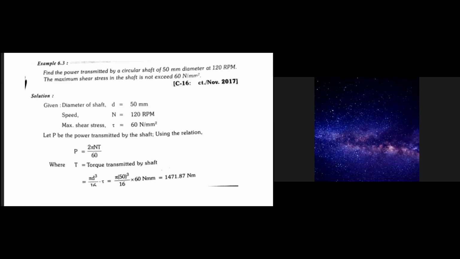So substitute both values in the equation and calculate the torque. So pi by 16 into d value 50, 50 cube, into tau 60. So you will get torque T equal to 1471.87 Newton meter.